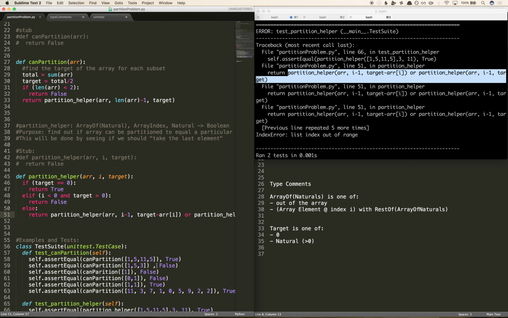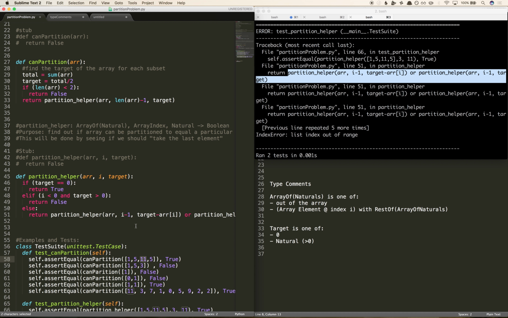Suppose we take 5 into our subset. So now our target value is 6. And we go to the next set of numbers. We hit 11, and we still have 5 and 1 to go. And so our target value is 6, and we have to decide whether to take 11 or not into our subset.